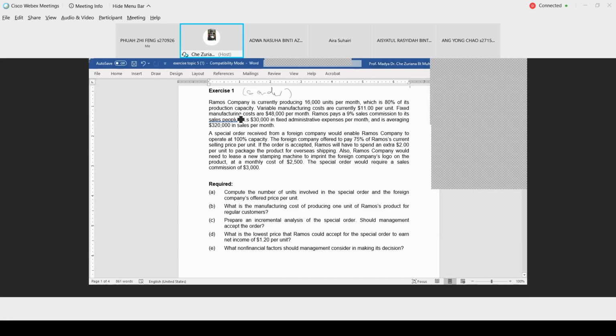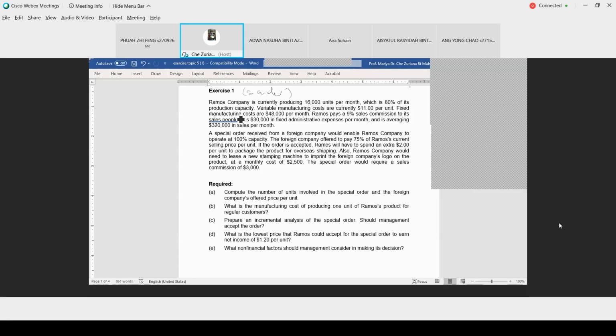So in exam or whatever exercise that you have, the first thing you have to think when you get the question is what decision you have to make. When you read through, you know this is a special order. Then the question you have to ask is whether there is excess capacity or not. Because when we discussed in lecture, excess capacity is very important because it can influence your decision.